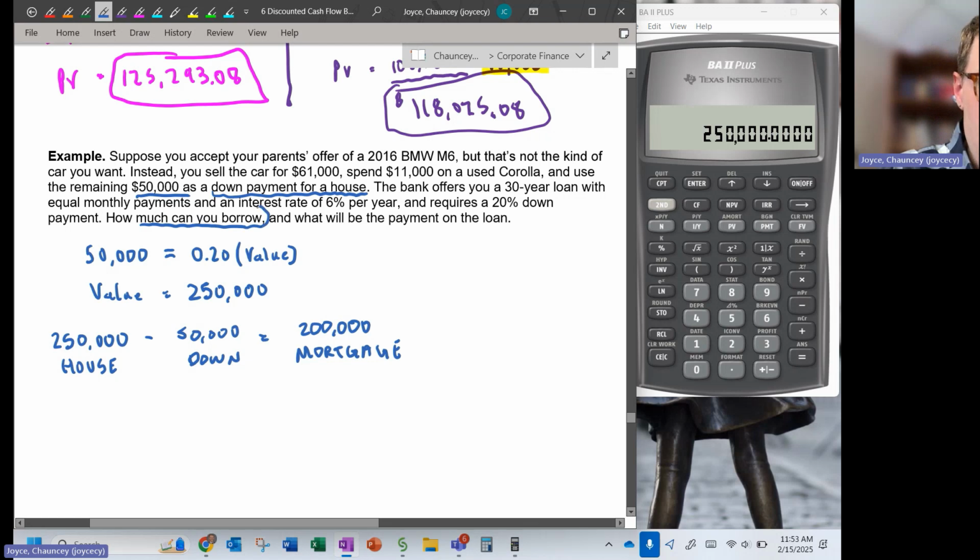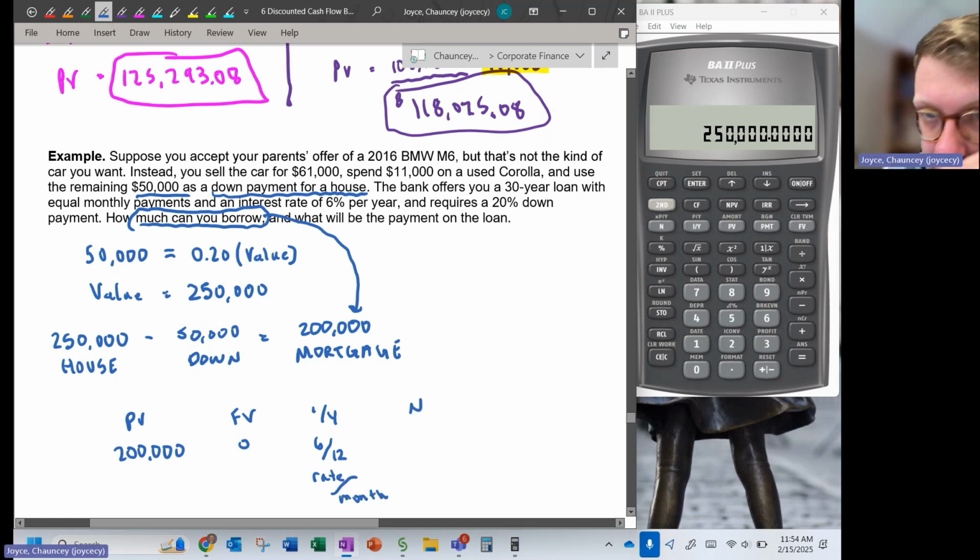How much can you borrow? You can borrow 200,000. So that's your present value on your home. You're going to pay that loan balance off to a future value of 0. Your discount rate is 6 over 12. That's going to be a rate per month.